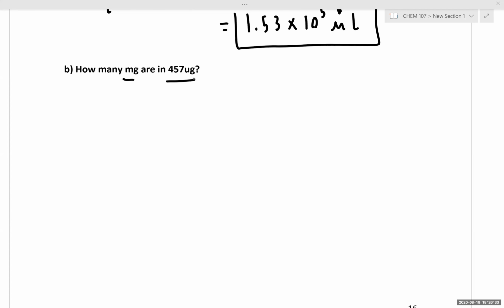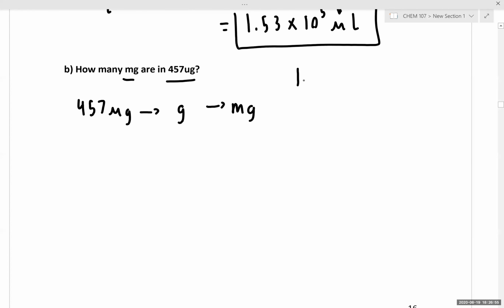Okay, so let's discuss this example. In our starting unit, we're starting with 457 micrograms, and we're trying to go to milligrams. What is our base unit? What is our intermediate unit? Grams, okay.